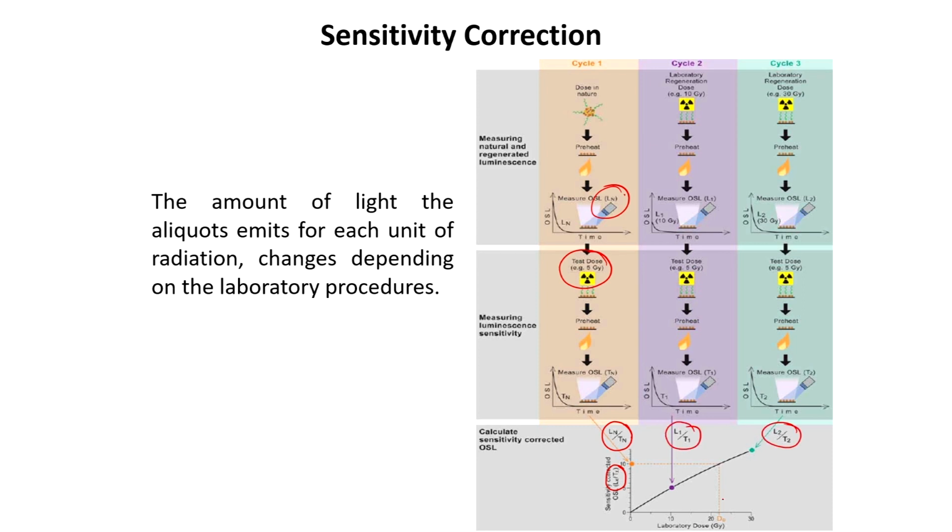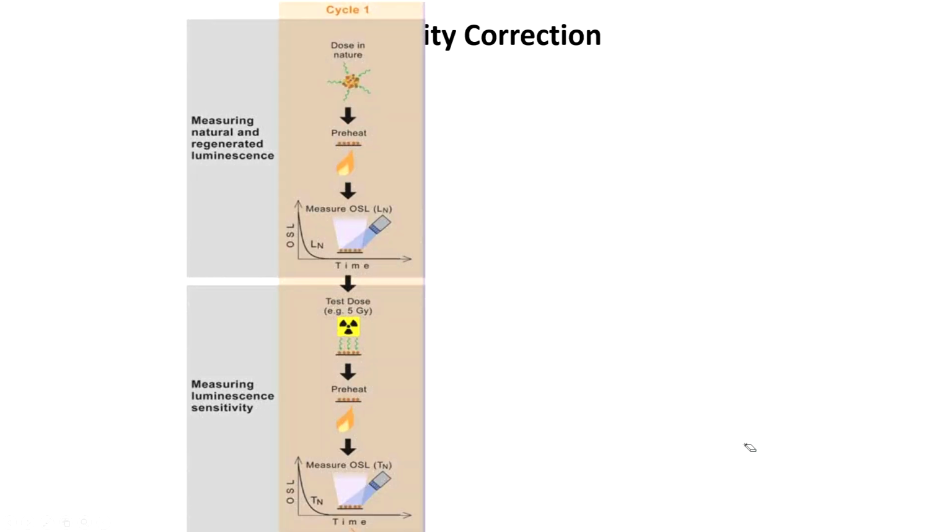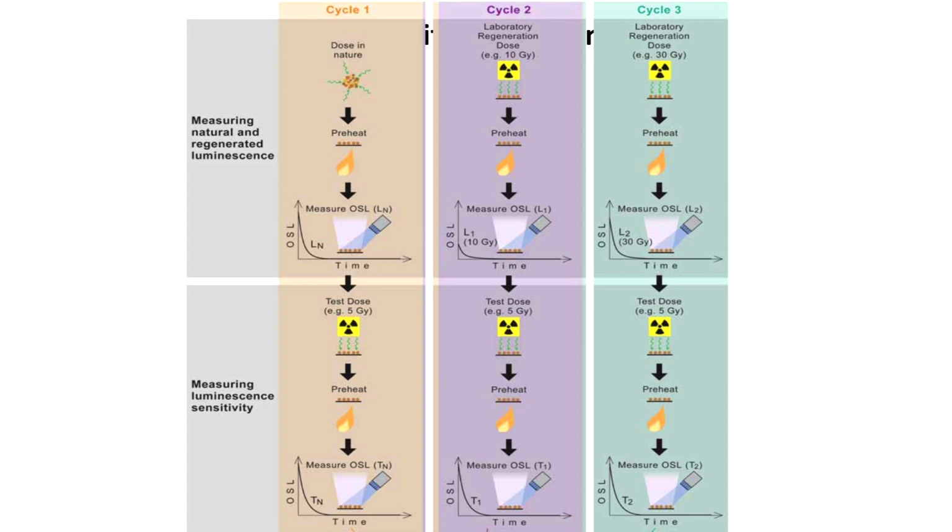With this you will be able to generate a curve, and we know what the first natural luminescence was, where we did not apply any dose. Okay. And using this curve, you can find your equivalent dose.